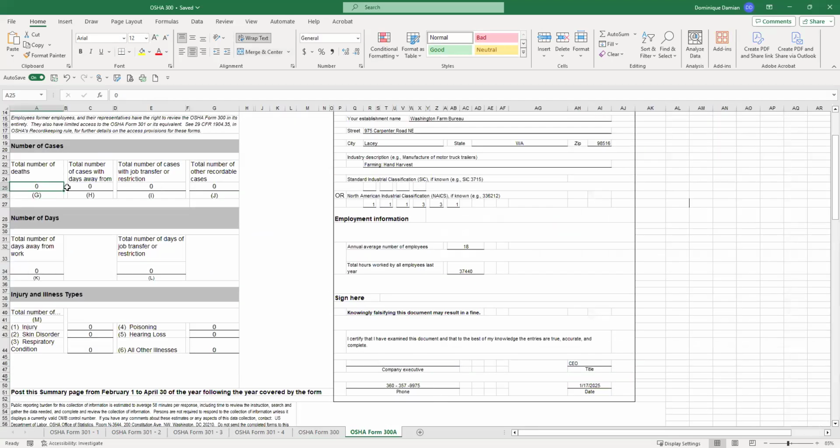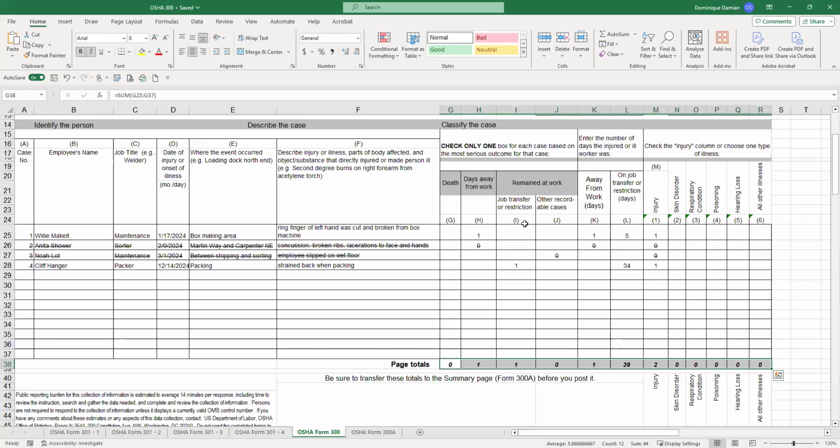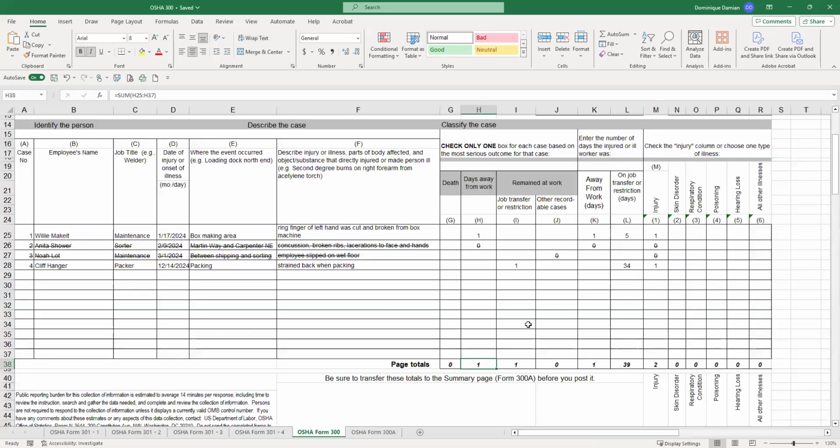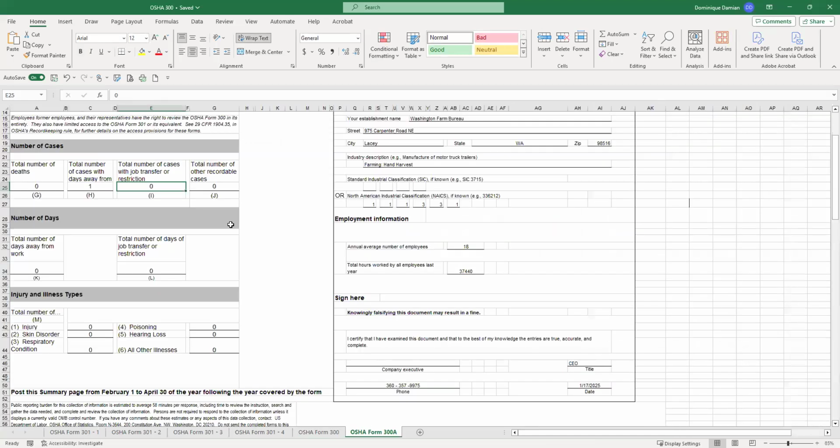Now, I didn't have any deaths. I'm going to look at my column H on my OSHA 300 form. Column H is right here. I had 1 with days away from work, so I just put 1. Total with job restrictions, that's case column J or I, and I have 1 there too.